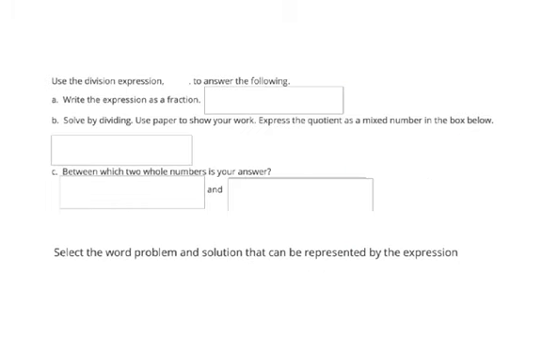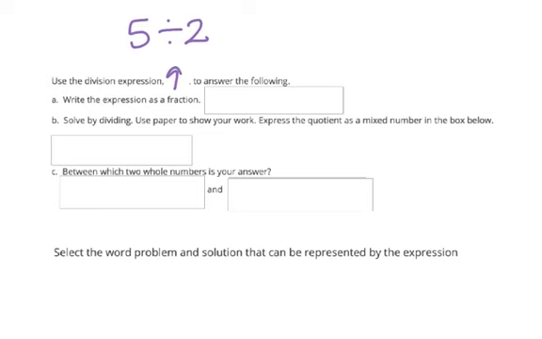Okay, last problem that we are going to look at. Use the division expression to answer the following. We're going to look at 5 divided by 2. Write this expression as a fraction.